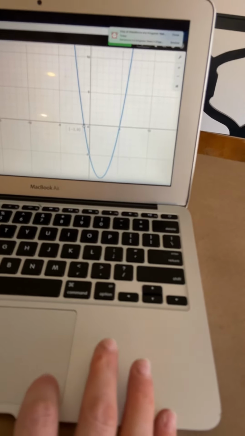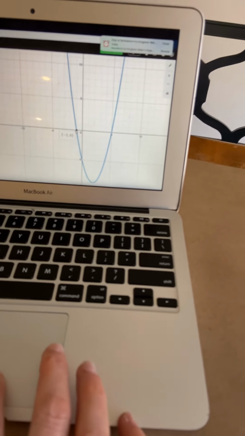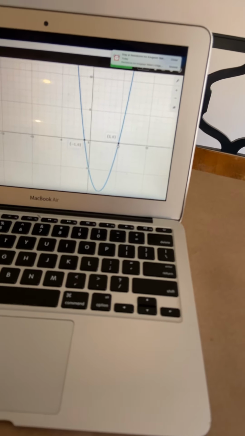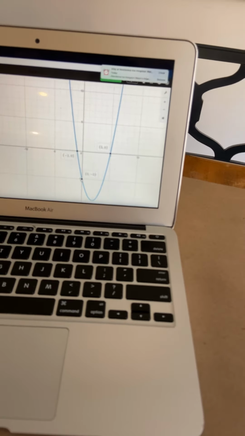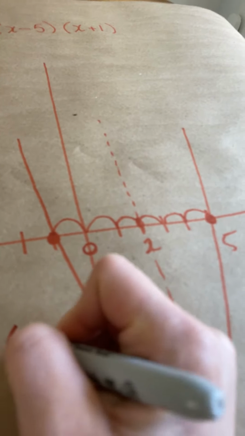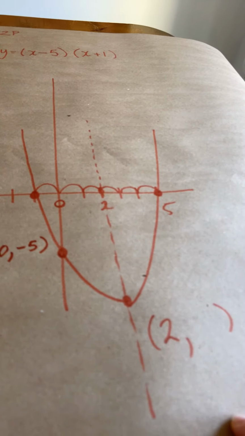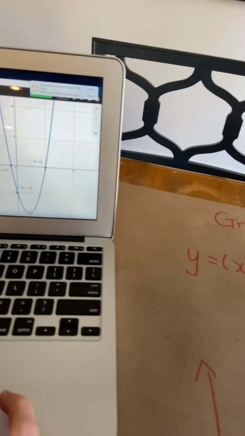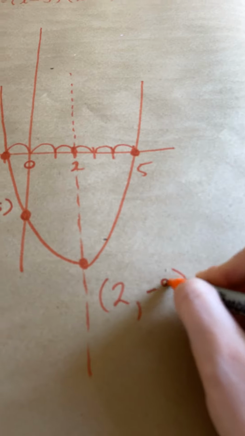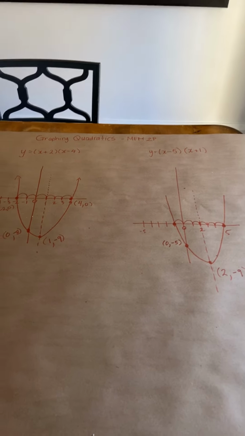Okay, so here it's (-1, 0), just like we guessed, and it's (5, 0), and my y-intercept is (0, -5), so I'm going to write that over here, (0, -5), which means my vertex here has to be something lower than -5, maybe -9, let's see. Yep, (2, -9).